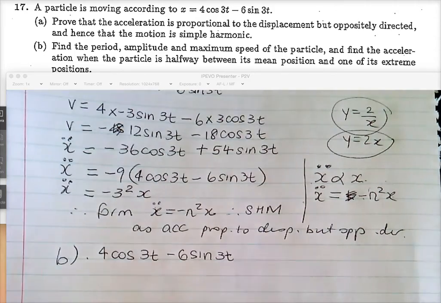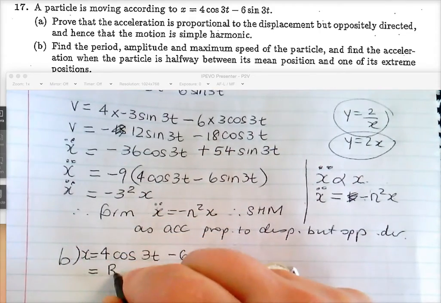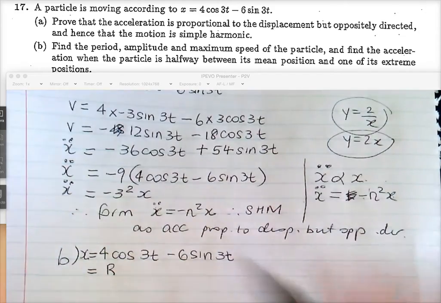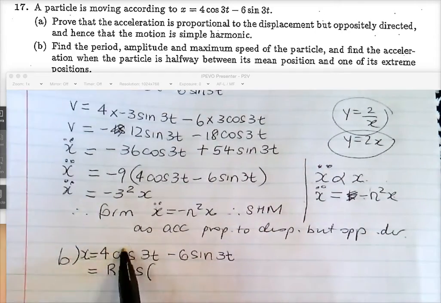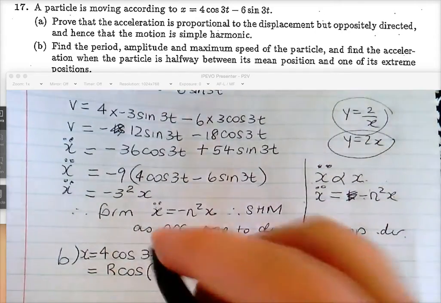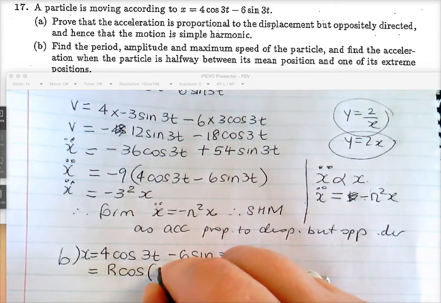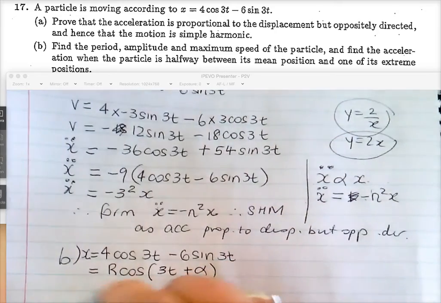So we've got that x equals that, so I'm going to go cos. I'm going to put it in the form of, do you remember if the cos is first, you can do the cos version, but the sine's different? So cos of 3t, it's got to be 3t plus alpha.